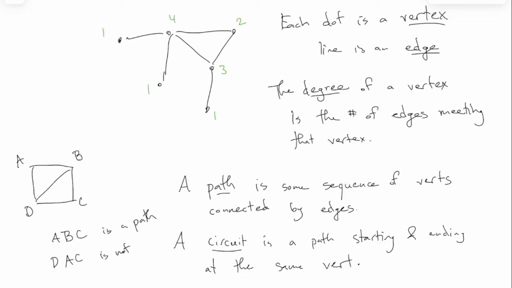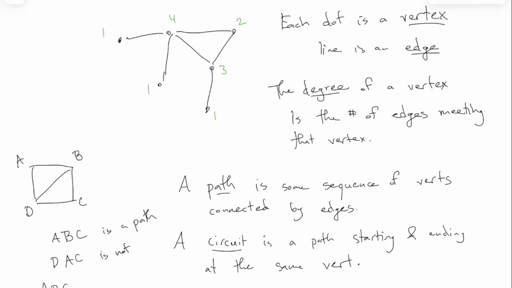And can anyone give me an example of a circuit in this graph? A, B, C, yeah, all the way around? Sure. You could do A, B, C, D, A, right? When we write a circuit, we write the same thing at the start and the end.